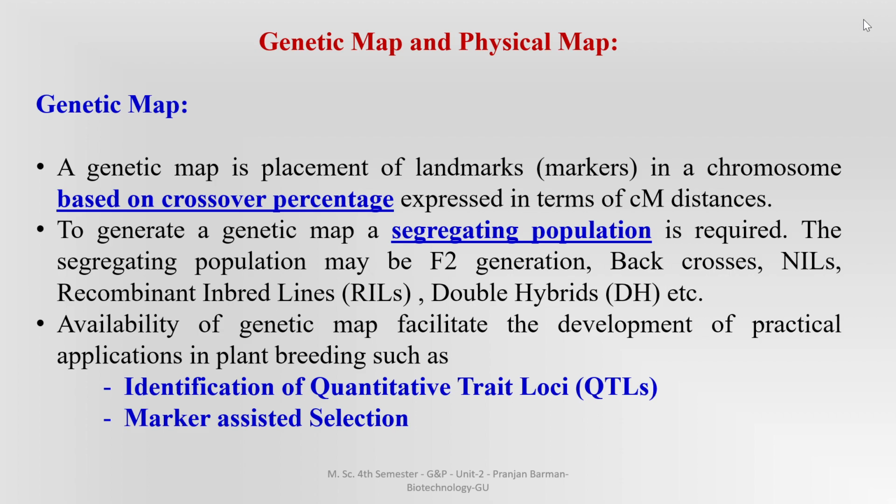These segregating populations may be F2 generation, back crosses, NILs, recombinant inbred lines, double hybrids, etc. Now how big the population is will influence the number of crossing overs. So we get an estimate of genetic distances between two genes, but this is not exactly the difference in terms of base pairs.